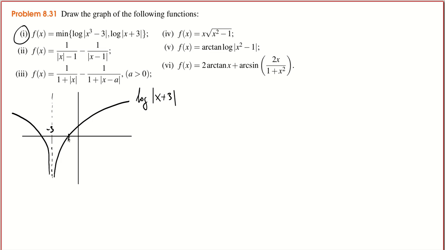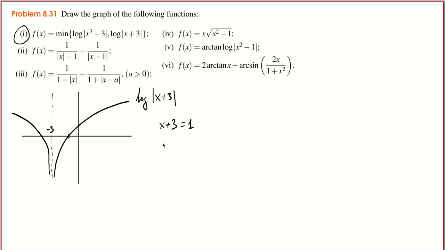If you want to know what the point here is, well, this is when this is equal to 1, right? So x plus 3, well, actually, when it's equal to 1, right?